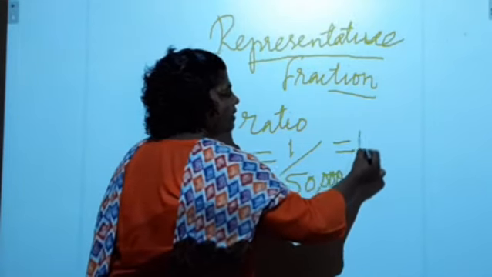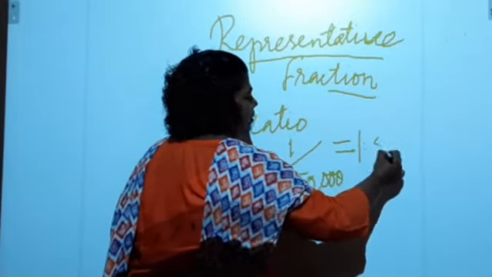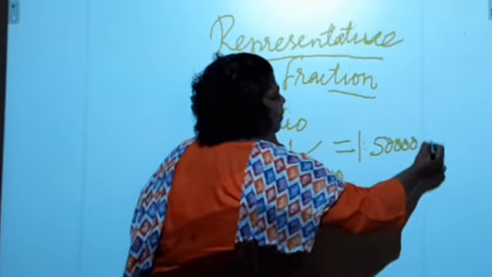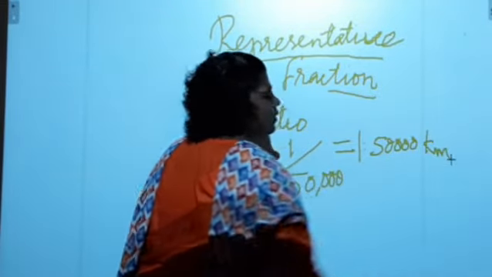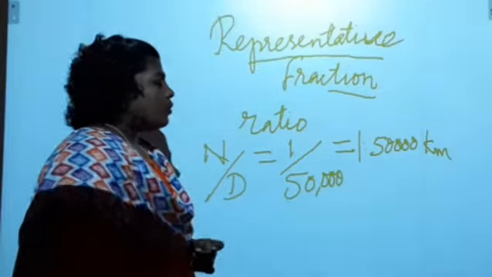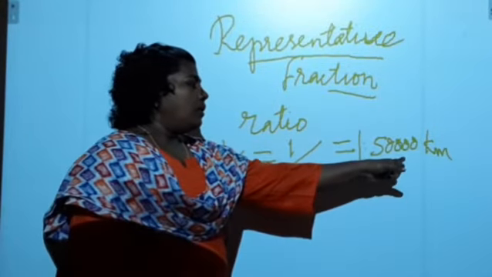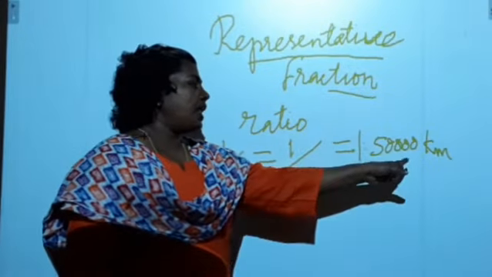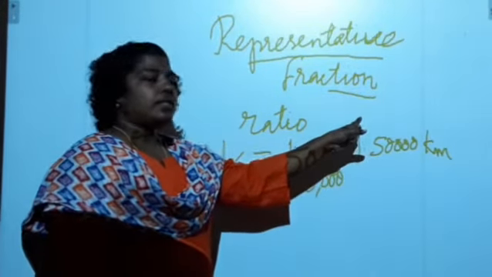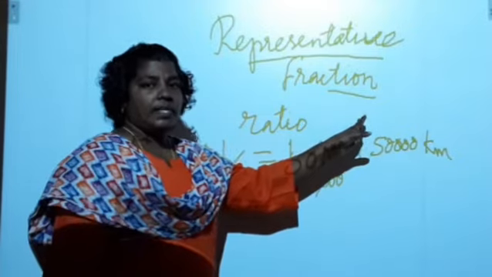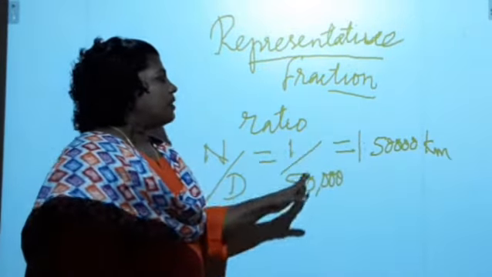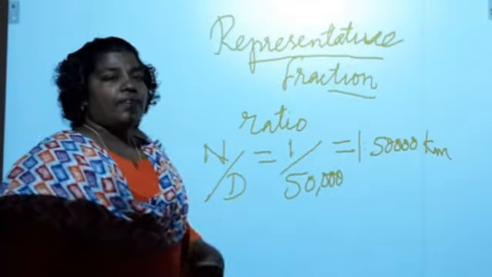It is taken as 1:50,000 kilometers. Did you understand? So the 50,000 kilometers on the ground is taken as 1 centimeter on a map. Did you understand? So this is the representative fraction.